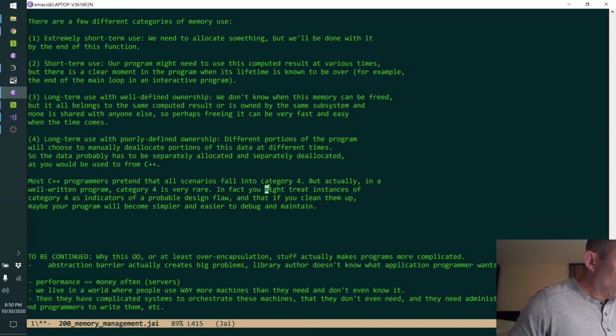How would you go about turning a 4 into a 3? Well, it depends. It depends on the specific case. Like, I think often it might be something like, oh, there's some strings inside this data that we pass that other people want to use.